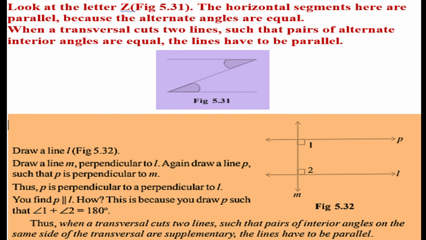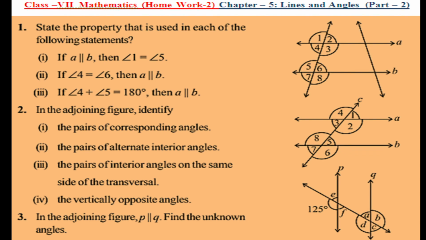If you take the sum, it is supplementary, that is 180 degrees. Understand? So using these concepts, I will give some problems as homework. You do the homework problems for better practice.